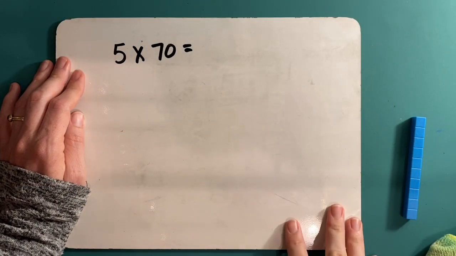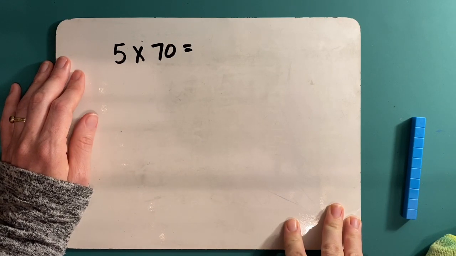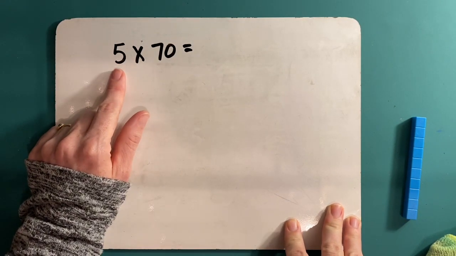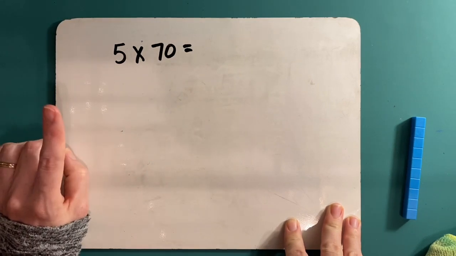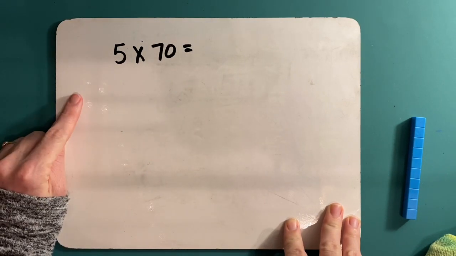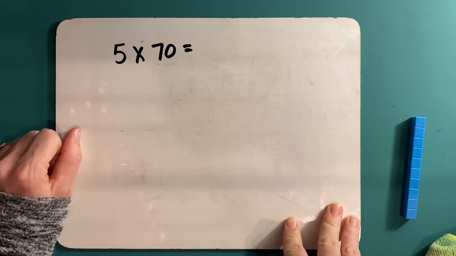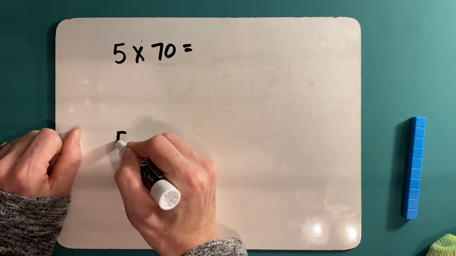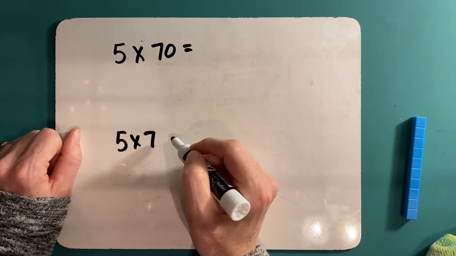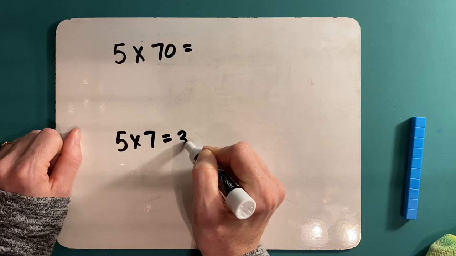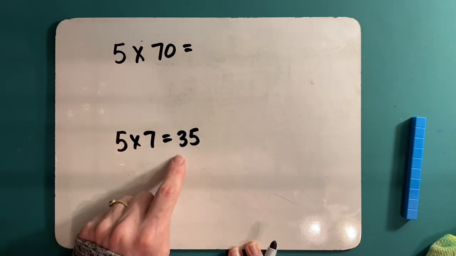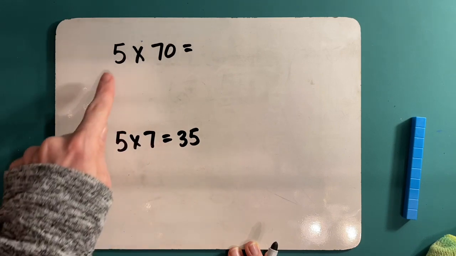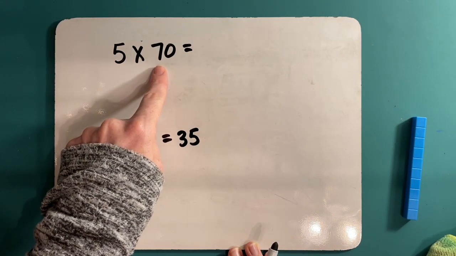Now we're going to do a little bit of practice on extended facts together. So let's look at the problem 5 times 70. Think about, first, what is a basic fact that we could use to solve 5 times 70? We can use 5 times 7 equals 35. So if we know that 5 times 7 equals 35, what is 5 times 70?